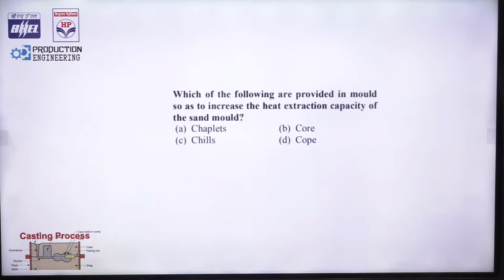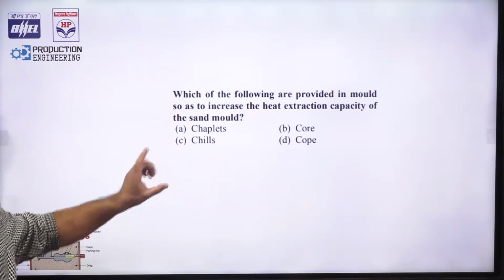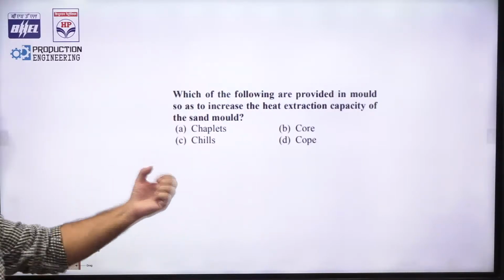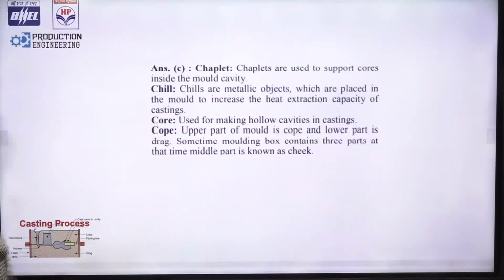Which of the following do you use in the mold to increase the heat extraction capacity of sand mold? Chaplets are made of metal, but heat extraction capacity is provided by the chills. You know the meaning of that. To increase the heat extraction capacity, chills are used.